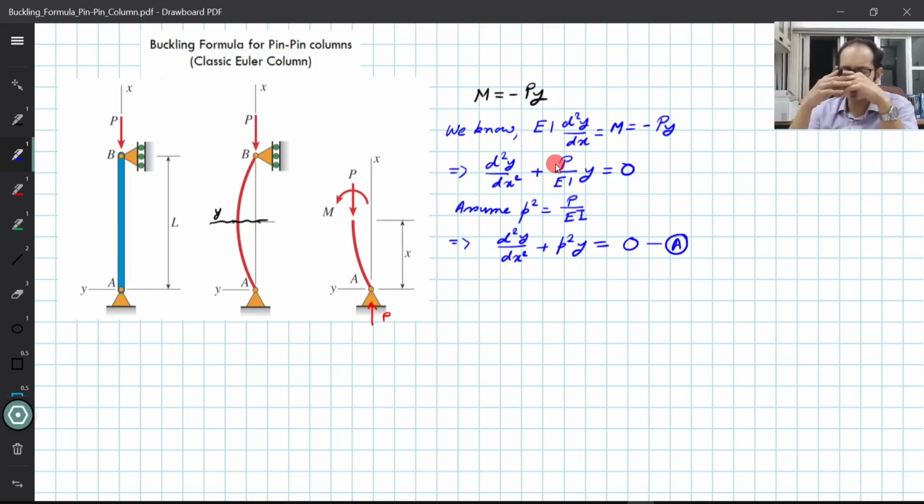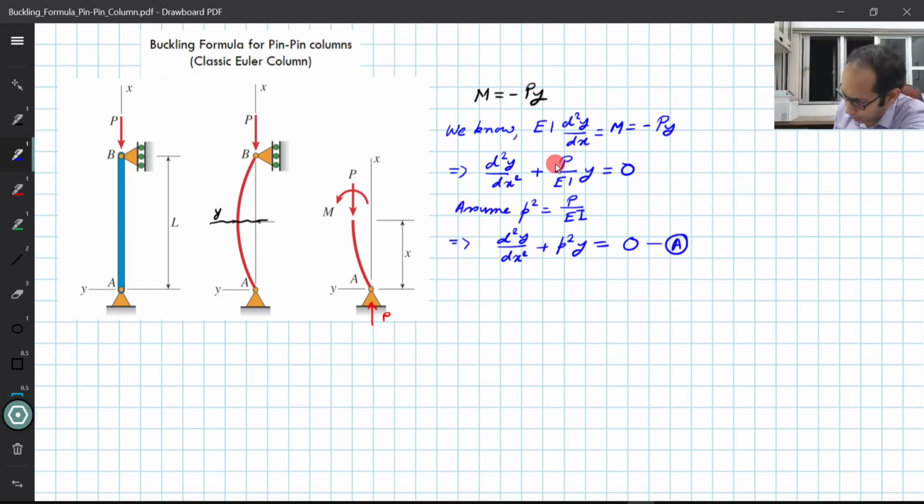Yes, this particular equation that you are looking at is a second order linear homogeneous differential equation with constant coefficients. How do we solve this equation? You are already familiar with that. You have a general solution for this one, so let's go ahead and write the general solution.